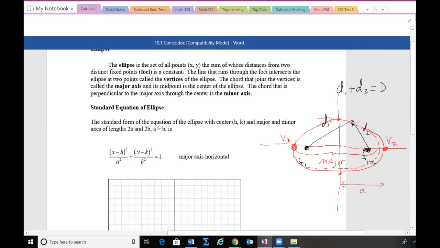The distance in here, I'm going to try not to muddy this up with too much. That distance is B. And this line that comes through here, it's called the minor axis. Comes all the way through here. And that's called the minor axis.